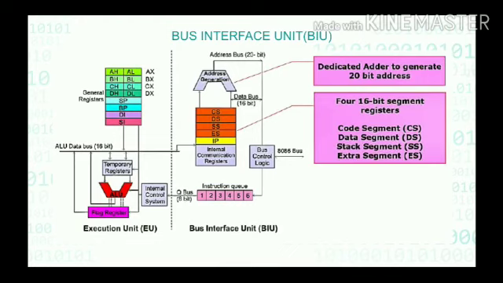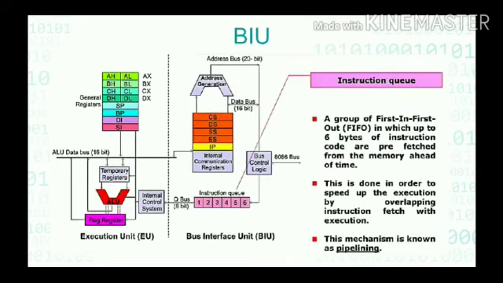BIU. In this BIU, the address generation unit is dedicated to generate the 20-bit address. It consists of four 16-bit segment registers, namely code segment, data segment, stack segment, and extra segment. IQ, which is known as instruction queue.